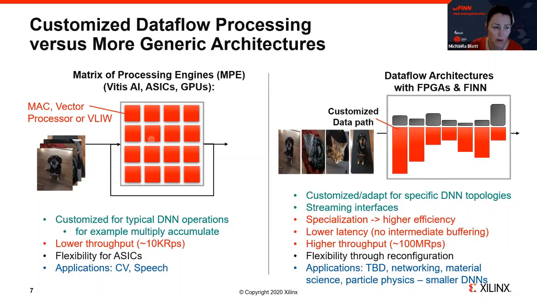In general terms, this architecture consists of a matrix of processing engines, which are shown here in red, whereby a processing engine can be as simple as a multiply accumulate, a vector processor, or a ReLU processor. And then, of course, we have some form of memory subsystem, which I was too lazy to draw, and perhaps we can ignore it for the sake of this tutorial. Of course, this is a highly simplified view of the world, but it helps to get the concepts across.